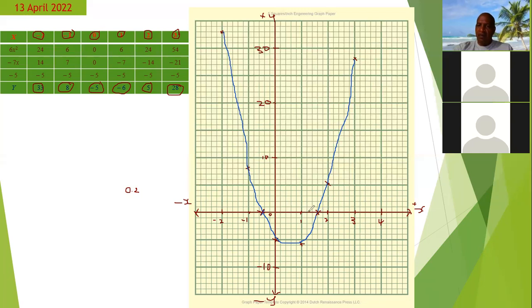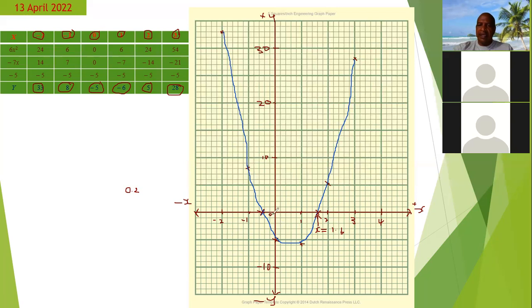So you'd have 1.2, 1.4, and where it reaches here would be 1.6. So here we would have x is equal to 1.6 units. All right, so that's how you look at the x value where it cuts the x-axis.